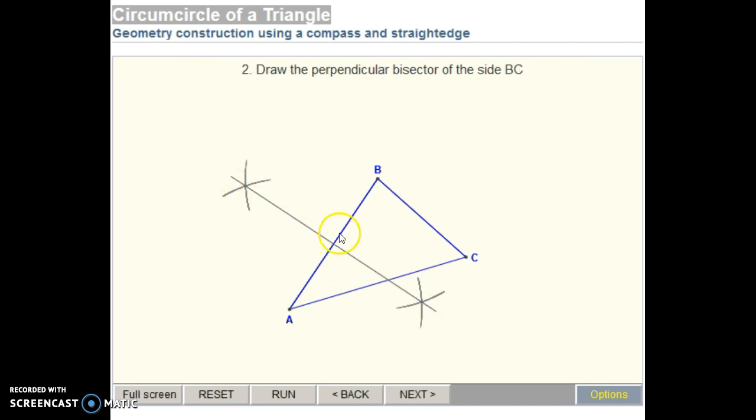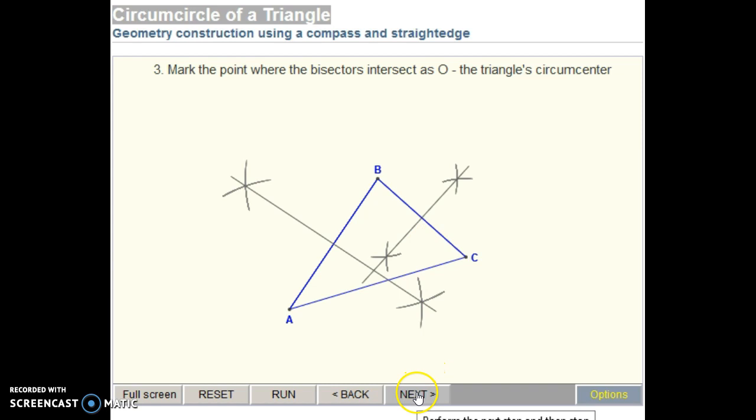That is the perpendicular bisector of side AB. Now you have to do it for at least one more side, so they're going to go over and do it for side BC. Again, you open your compass more than halfway, do your arcs from B, do your arcs from C, and then use your straight edge to connect those intersections. That is the perpendicular bisector of side BC.